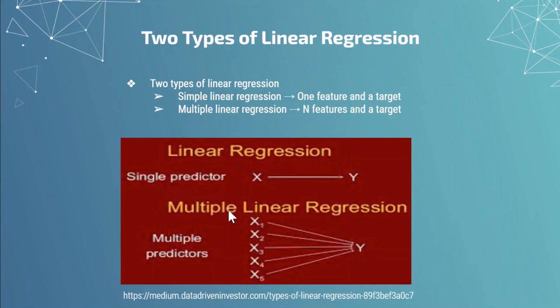So let's think of an example here. Let's think of a linear regression model that's trying to predict the cost of ice cream. In this case, the cost of ice cream is going to be the target or the dependent variable, what we're trying to predict. If our ice cream price prediction model is a type of simple linear regression, that means we're only going to use one feature or independent variable to help train our model to make predictions on the cost of ice cream.